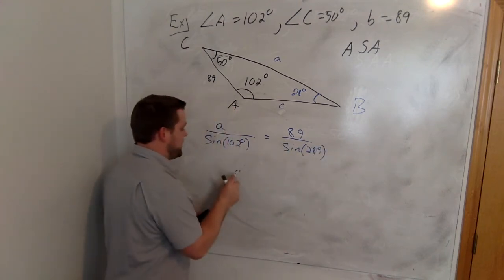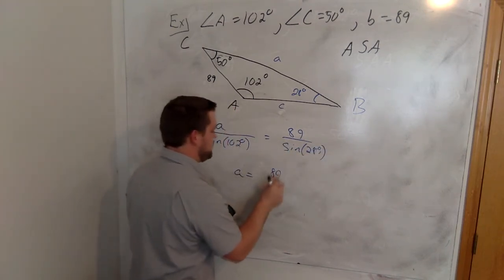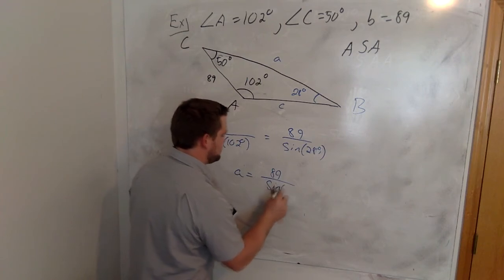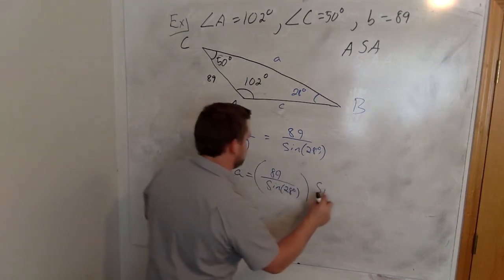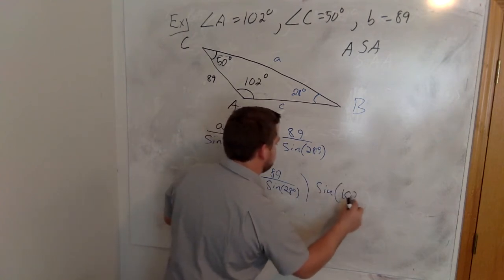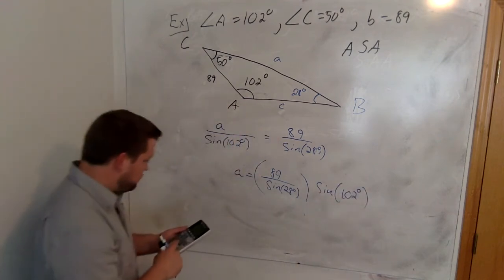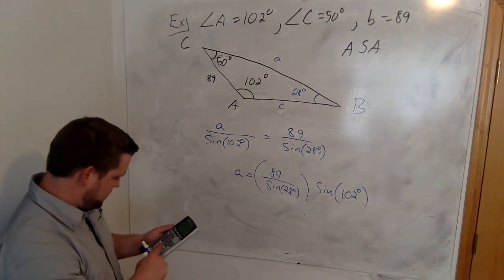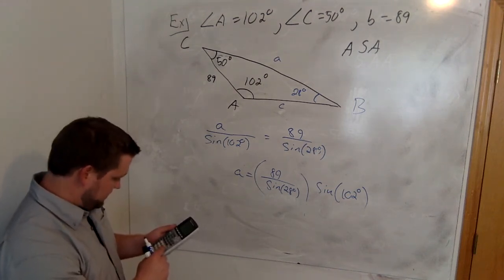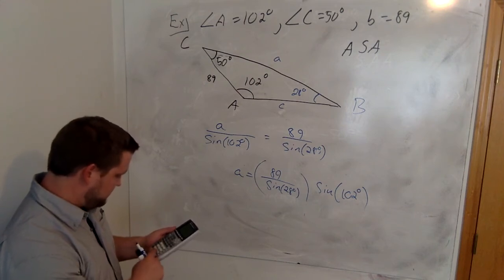So solving for A, A is going to be equal to 89 over the sine of 28 degrees, all times the sine of 102 degrees. Okay, let's see what we get. So 89 divided by the sine of 28, times the sine of 102.